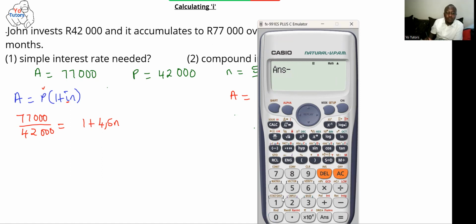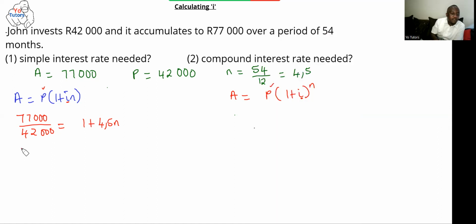Then we say minus 1, we get 5 over 6. So 11 over 6 minus 1 is equal to 4,5I, which means 5 over 6 is equal to 4,5I.